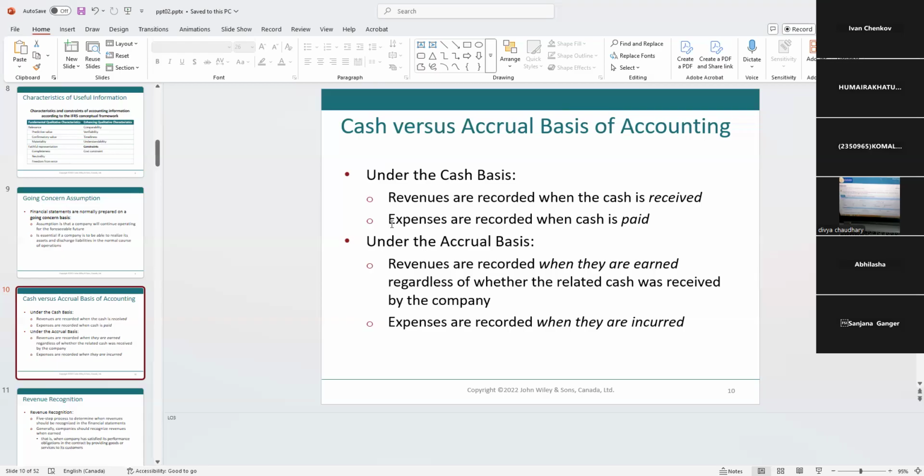When we transfer all the legal rights to that asset and all the risk to that asset to the client, the sale is complete, regardless of whether we receive cash or not. Same thing with expenses. Once we use the resources, regardless of whether we pay or not, we record the expense. We're going to see a little later how this works.